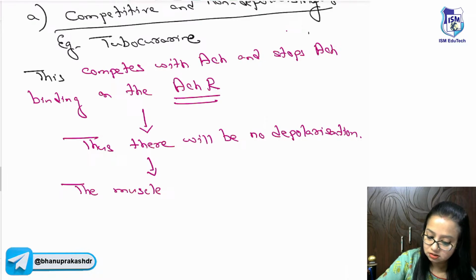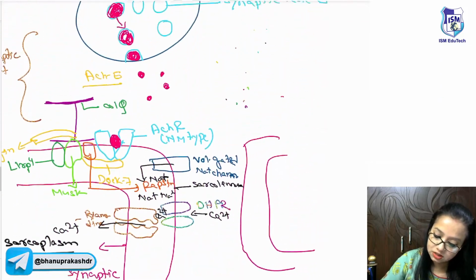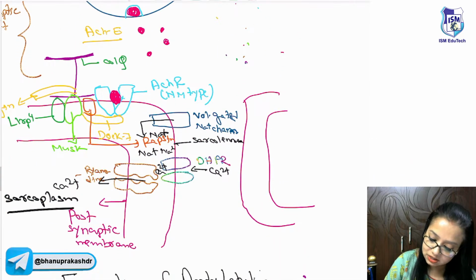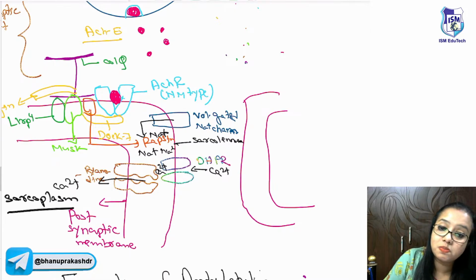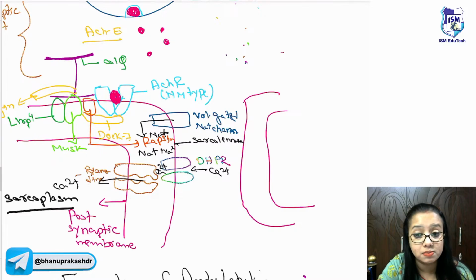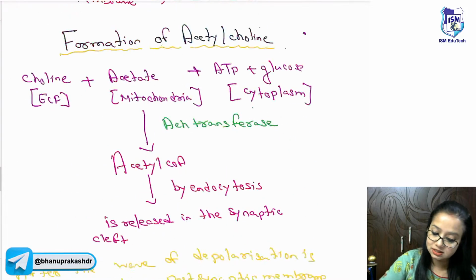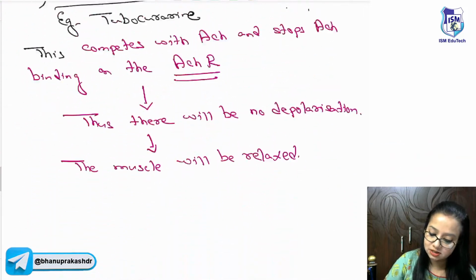Very quickly, let's look at the picture. Here you see, if acetylcholine is not binding on the receptor, the wave of depolarization will not come from the presynaptic membrane to the postsynaptic membrane. So no depolarization, no contraction of muscle, but the muscle will stay in relaxed condition. This is one way of muscle relaxant.